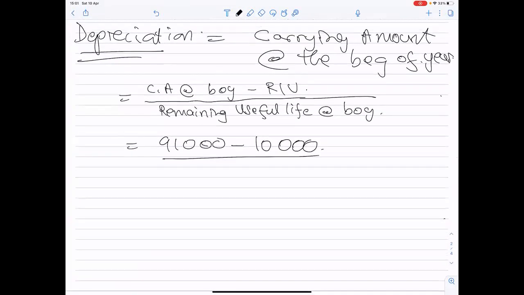So the total useful life of the asset is 10 years. We have used only 1 year, so it will be 10 minus 1, which is 9. So it will be 91 minus 10, you are going to get 81,000 divided by 9. How much do you get?